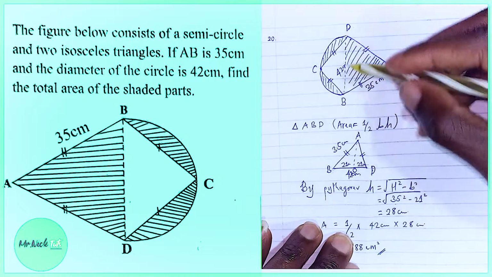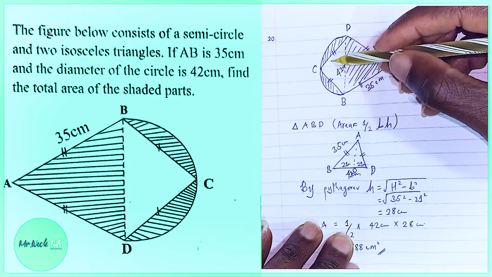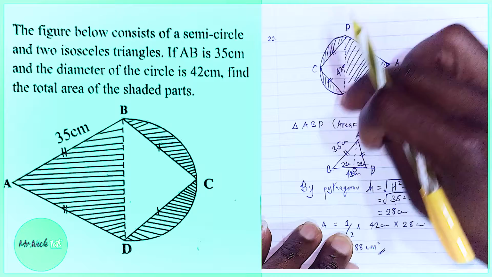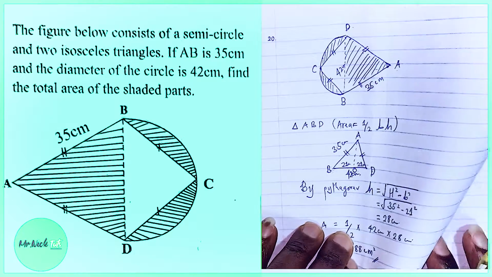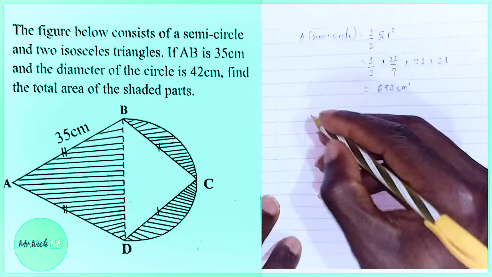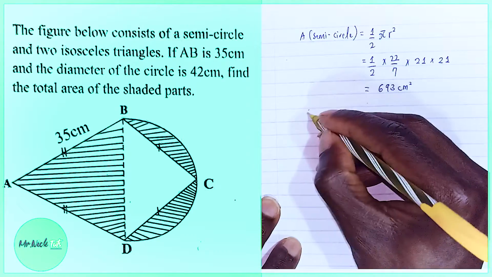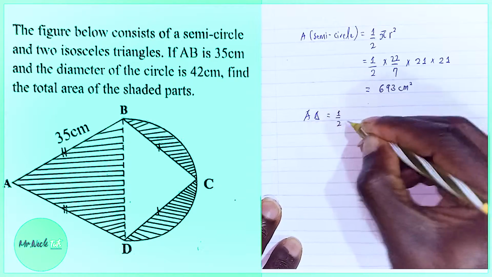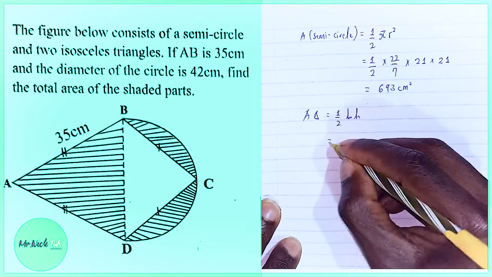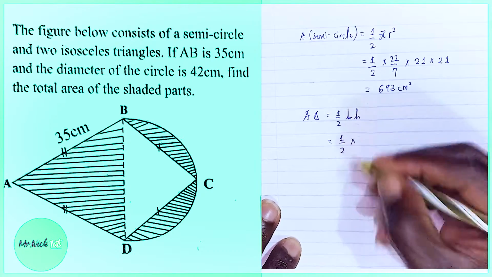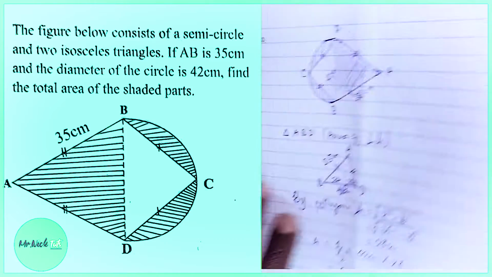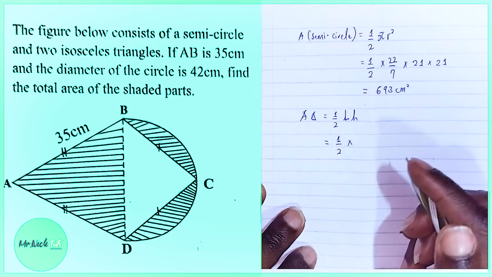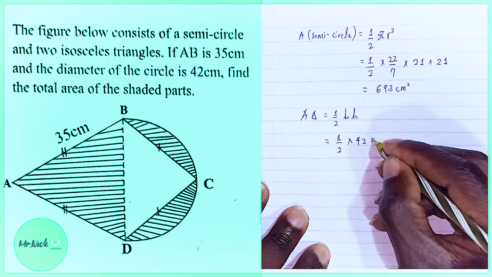But we're supposed to find the area of the shaded region on the sides of the semicircle. So for us to do that, we're first going to have to find the area of the isosceles triangle that is within the semicircle, and then subtract it from the area of the whole semicircle to get the area of the shaded region. The area of a triangle is given by a half base times height. So that will be a half times the base of this triangle. As you can already see from here, the base will be 42.